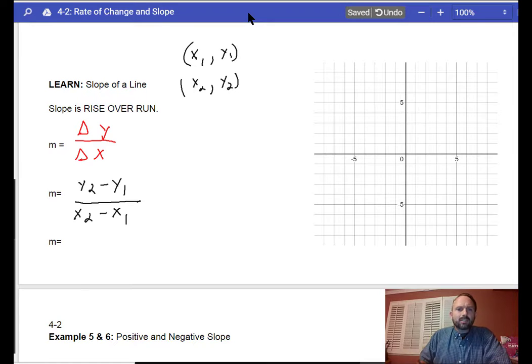So let's just take an example. Let's take -4 comma -3. So this is -4 comma -3. Now let's just pick a random one. Let's say 3 comma 4.